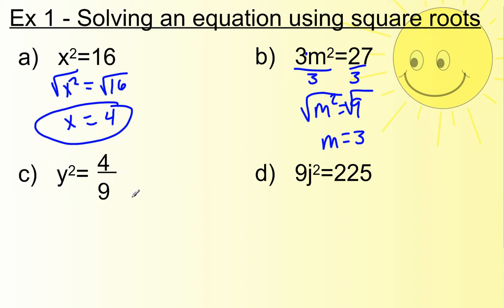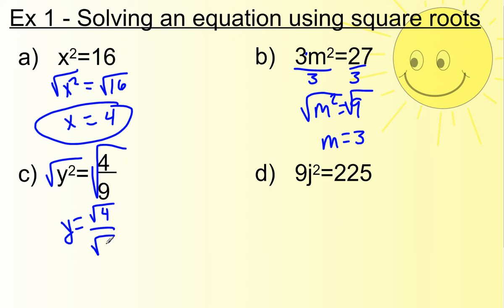Now, in letter C here, we have a fraction. It says y squared equals 4 over 9. Well, if we square root it, which is what we should do to get the y by itself, what we do here is separate it into 2 separate problems.